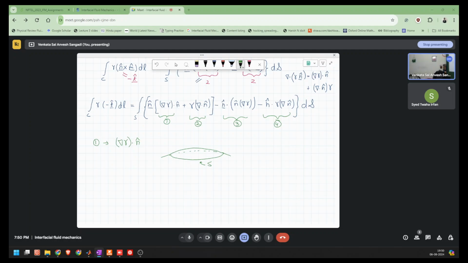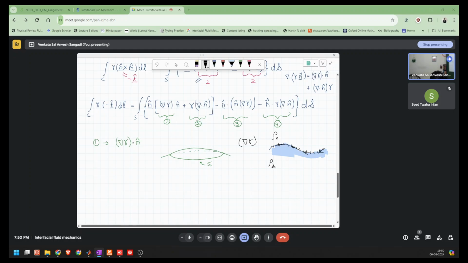So the surface tension acts only on the boundary, and if surface tension is a function of the surface of the interface, then grad of surface tension will always point in the direction of the interface.